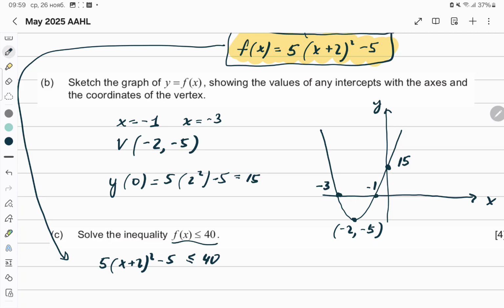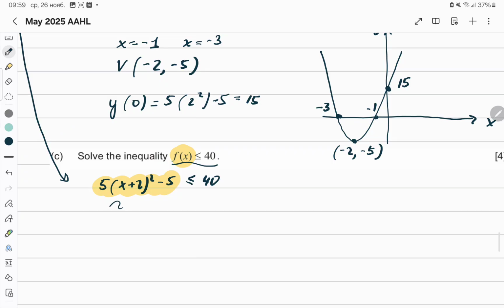Because this is our f of x, right? Okay, and now let's solve this inequality. We can open the brackets: 5x squared plus 20x plus 20 minus 5 less or equal than 40.